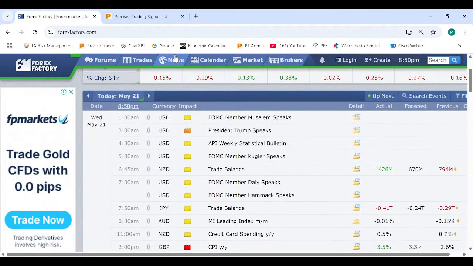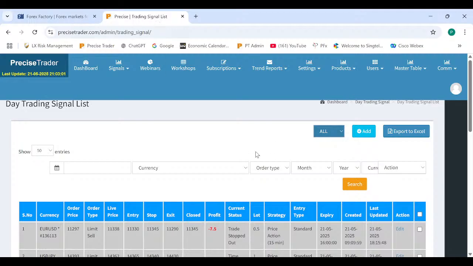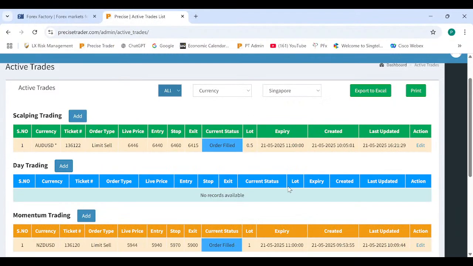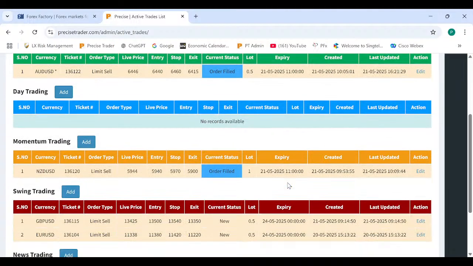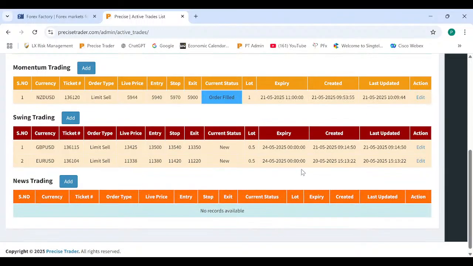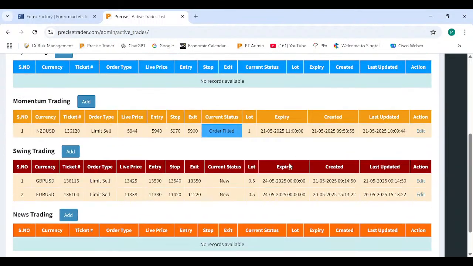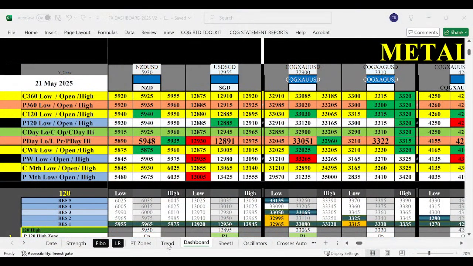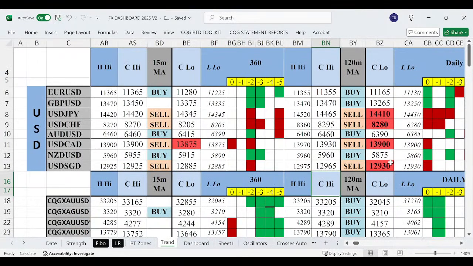As far as the open trades are concerned, we have sell Aussie at 64.40 and New Zealand at 59.40. Only these two trades. Now let's move on to our analysis.